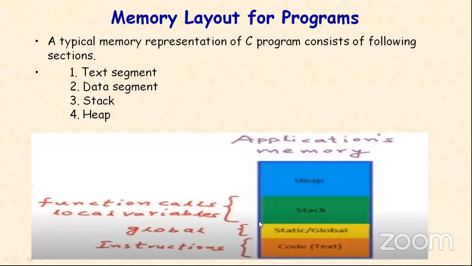The memory allocation takes place in these 4 segments. The first one is heap memory. Next, the second one is stack memory.